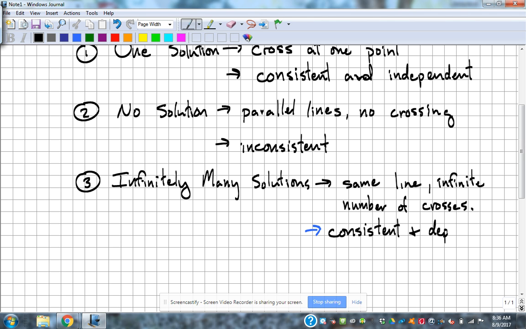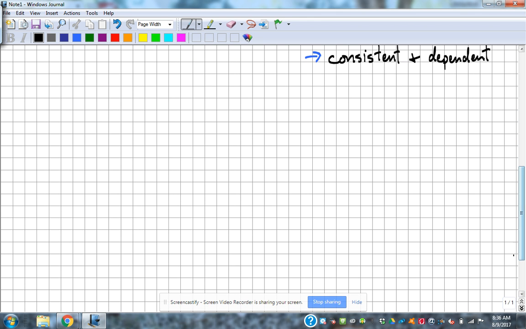And if something is dependent on another, it goes where you go. So the lines go together. So that's where the dependence comes from. Okay, consistent and dependent. All right, so let's look at some examples, graph some lines, and see where they cross or if they cross, and get that review going.